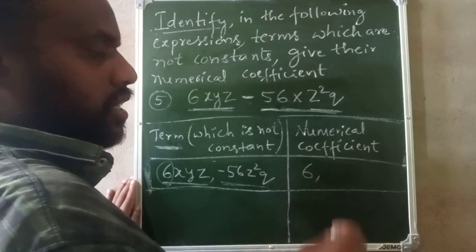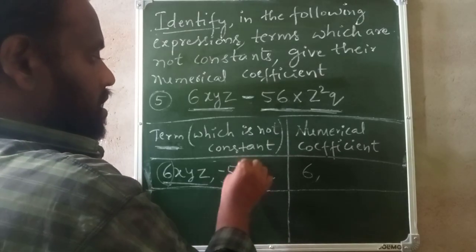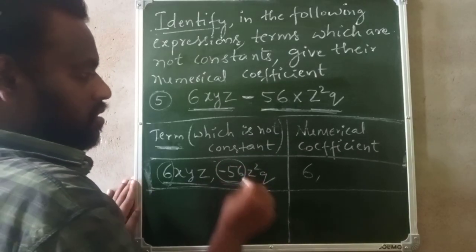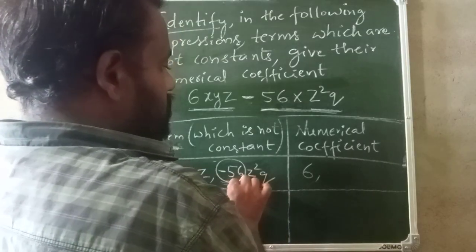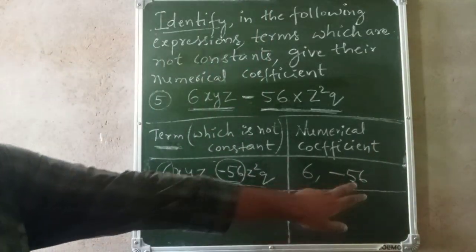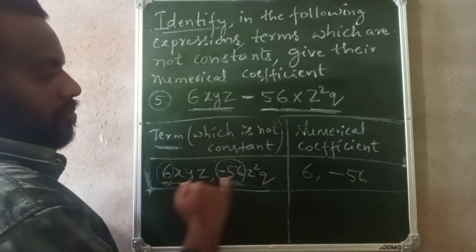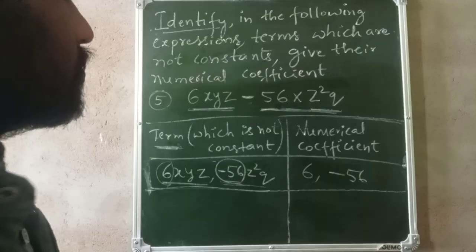That number is minus 56. You have to consider minus also. So minus 56 is the numerical coefficient. I will write here: minus 56 is the numerical coefficient of this term.